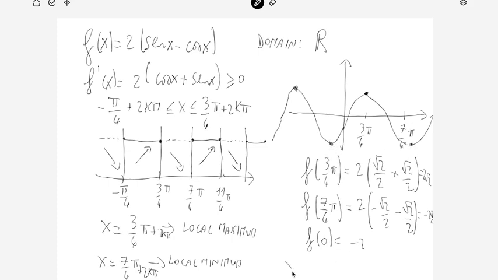So x equal 3 over 4 pi is a global maximum point, plus 2k pi, because we can put all the periodicity, and 7 over 4 pi is a global minimum point, with all the periodicity if you want.